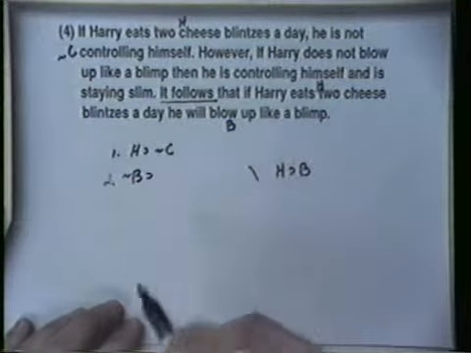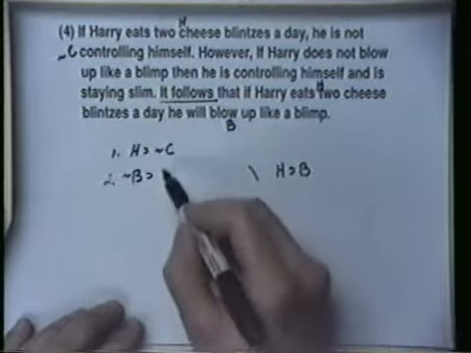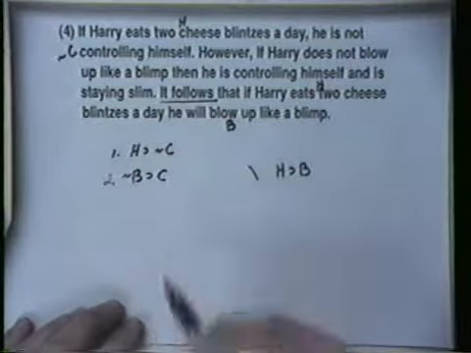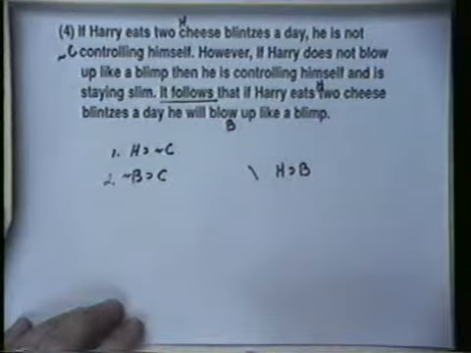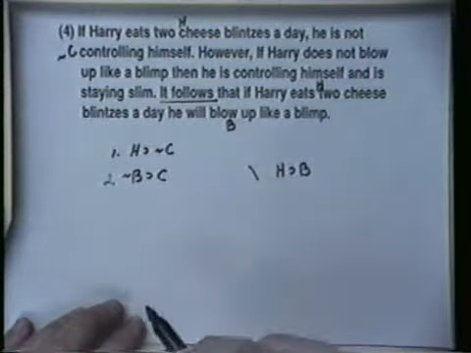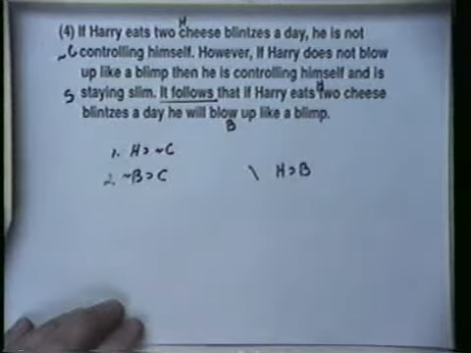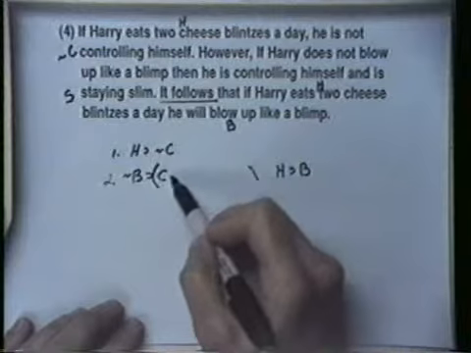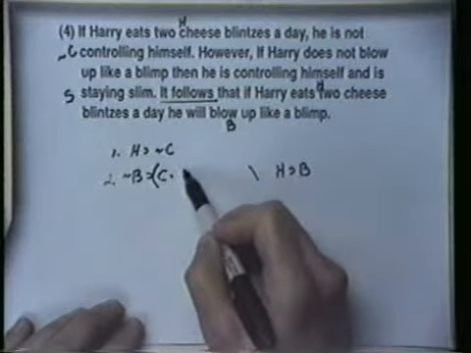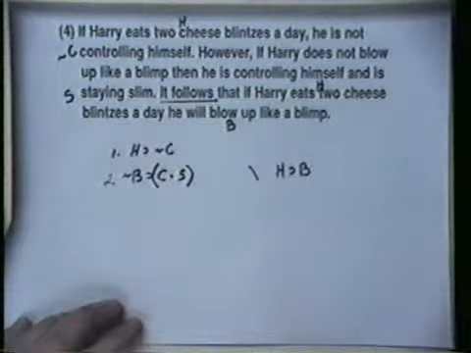Then he is controlling himself, and so that is C. He's controlling himself, and he's also staying slim. So we need to introduce S here for Harry stays slim, and we need to conjoin that to the C. There's our second premise.